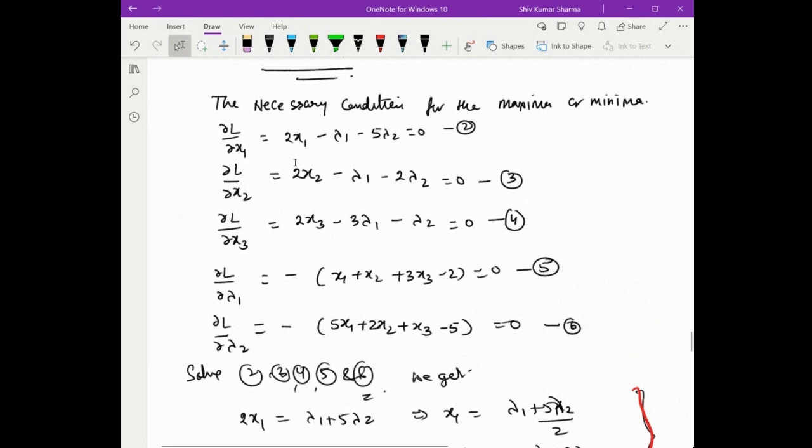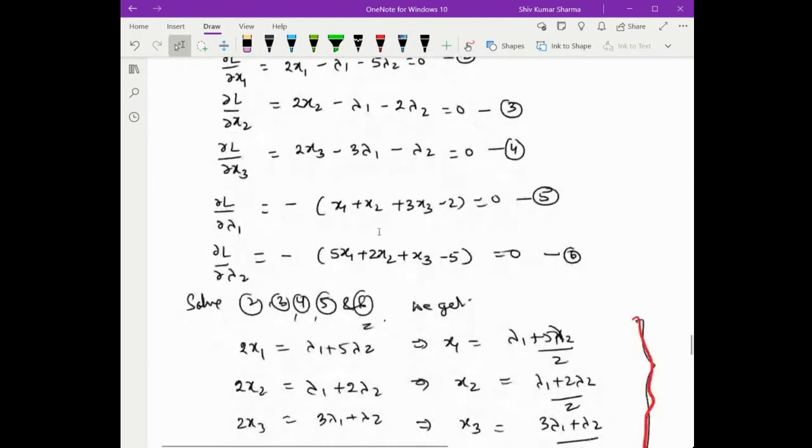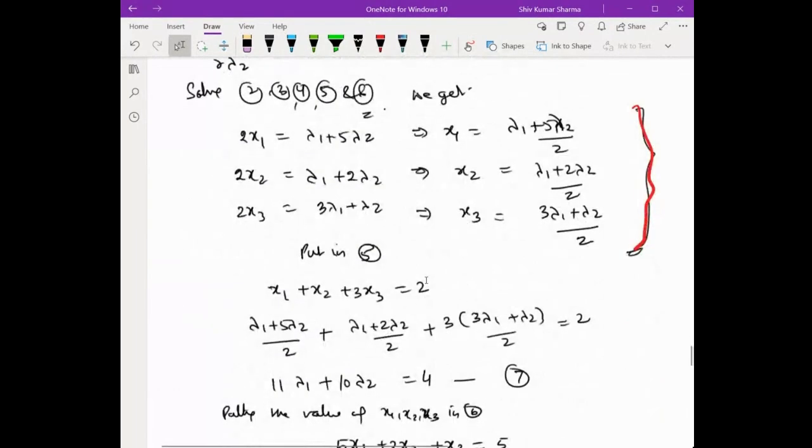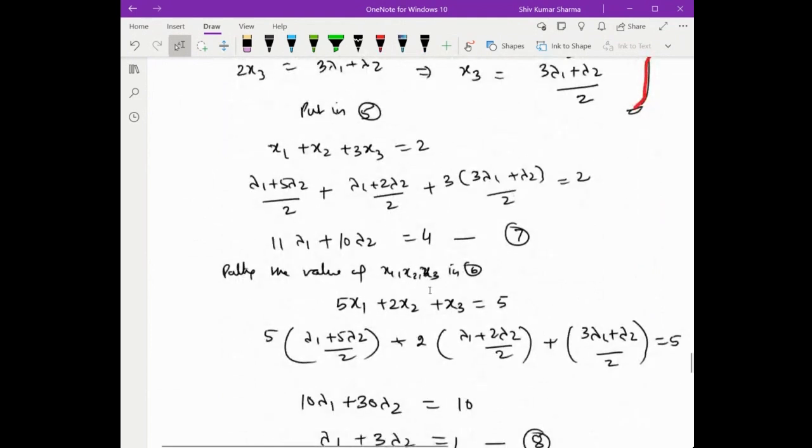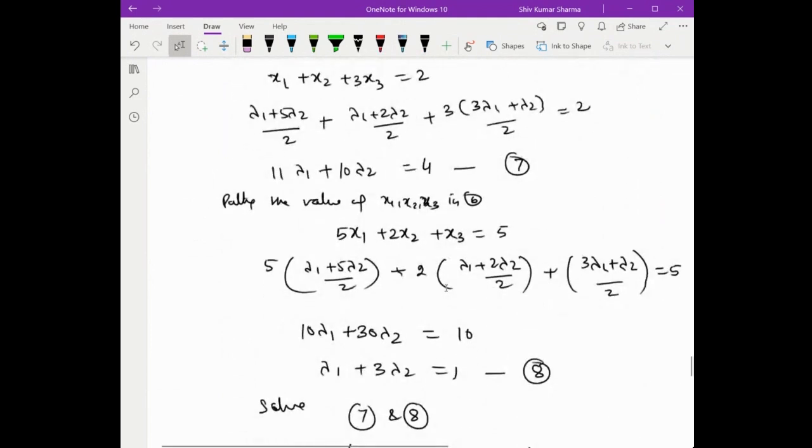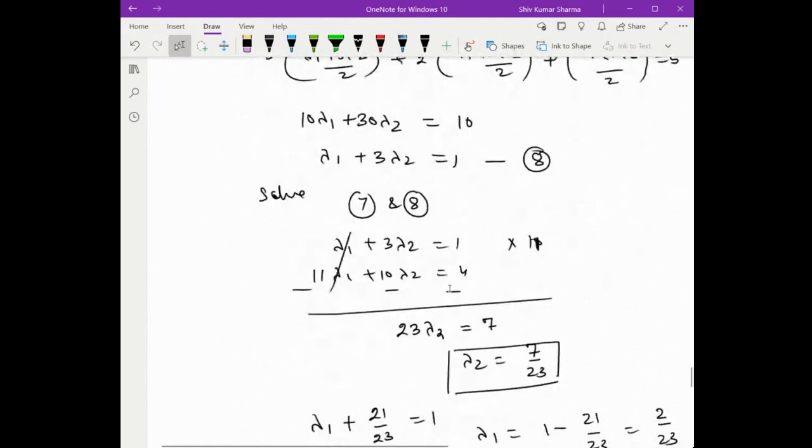So we see that from equations 1 2 3 and 4 we obtain the values of x1 x2 x3 and put them in 5 and 6. After putting these values we obtain the values of lambda 1 and lambda 2 from these two equations.